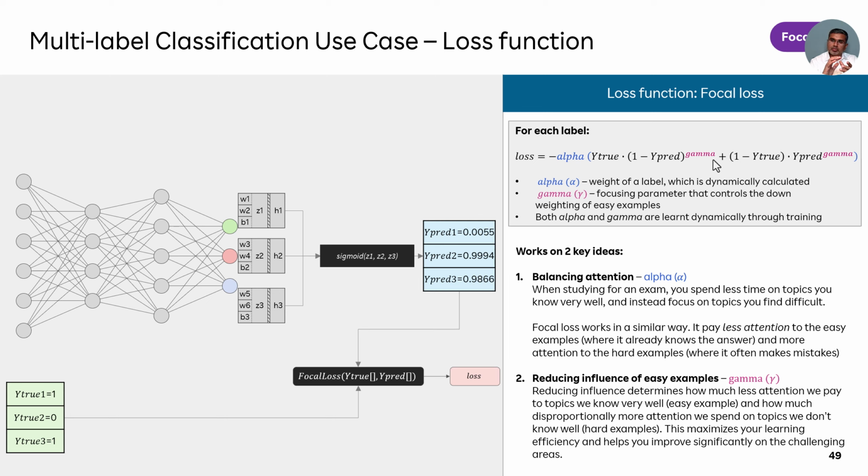It allows you to pay more attention to the topics that you do not know, and less attention to the topics that you know. In our example here, it allows you to focus more attention on those samples that have fewer but more important labels, and less importance to those labels that are more prevalent in your data set.